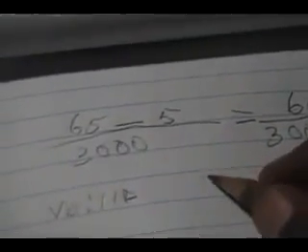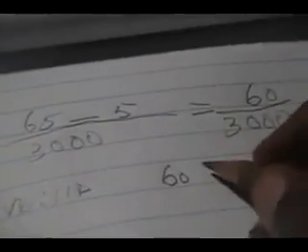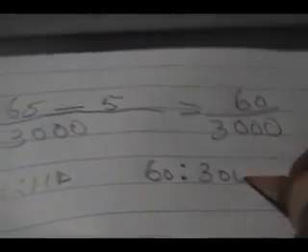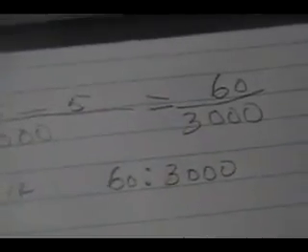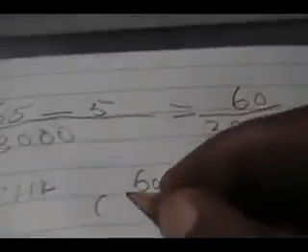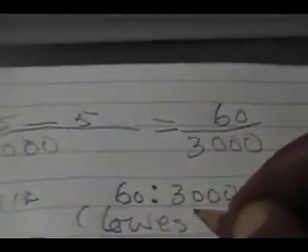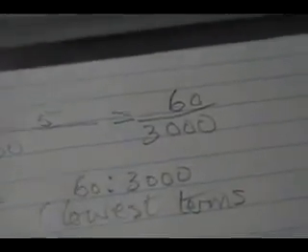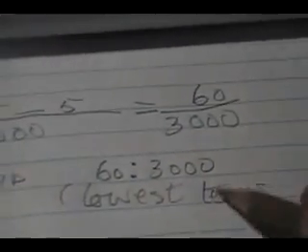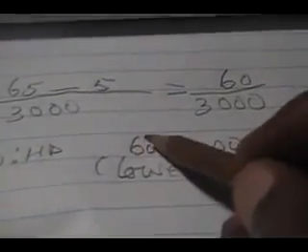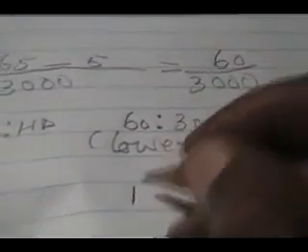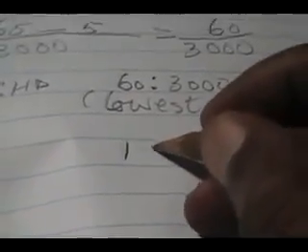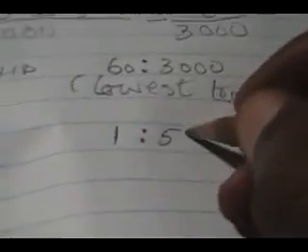Therefore, it will now read 60 as a ratio of 3,000. Ratios are always presented in the lowest terms. Therefore, the gradient here will be 60 into 60 is 1, 60 into 3,000 is 50.